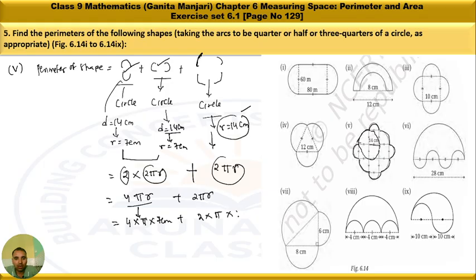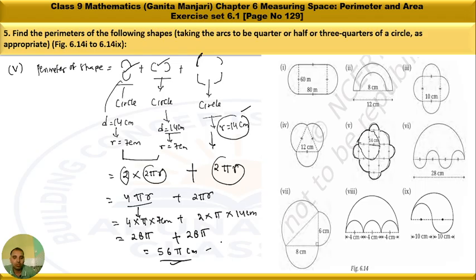R is 14 centimeter. 7 times 4 is 28, so it is 28 pi, plus 14 times 2 is 28. Now it is 56 pi centimeter. That will be the perimeter of the following shape.